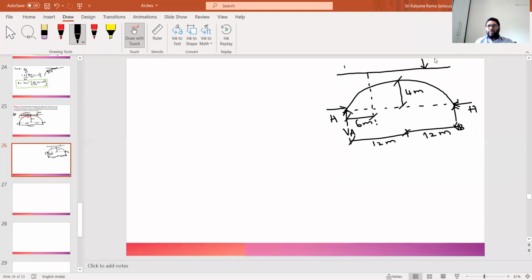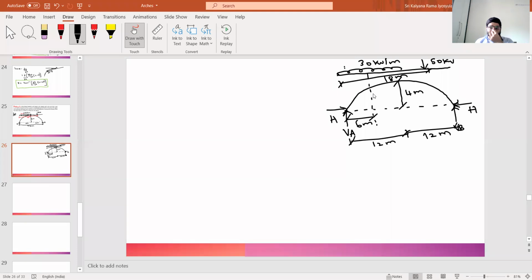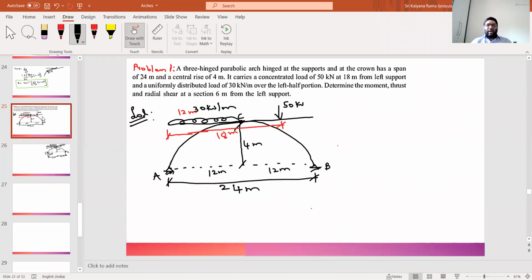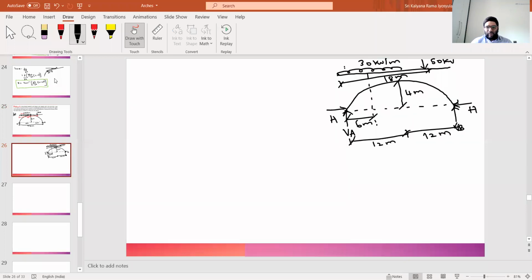So we have a load here, 50 kilonewton, and we have UDL acting till this point, 30 kilonewton per meter, and this distance is 18 meters. Now this is what we have to initially start with. We were asked to calculate the moment, thrust and radial shear at a section 6 meters from the left support.